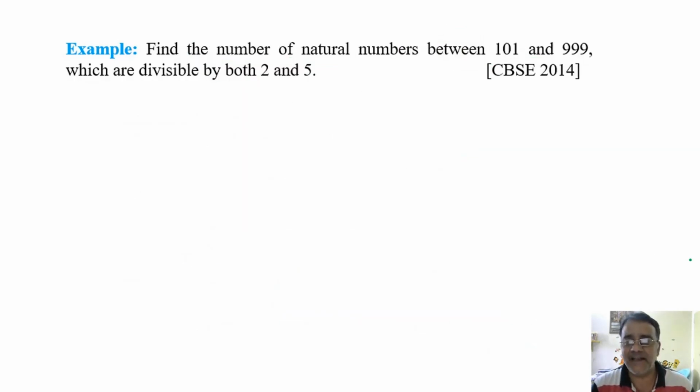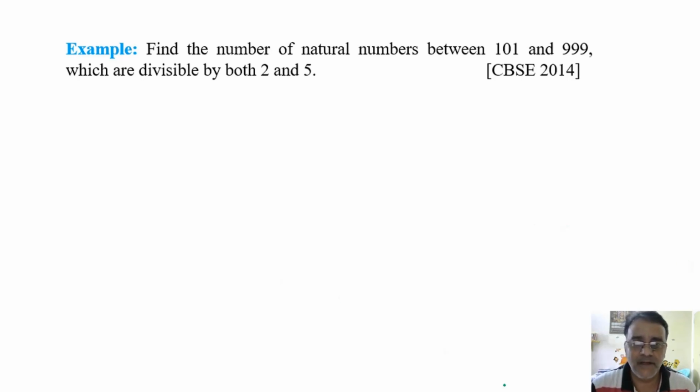Okay, now we'll move towards one more good question. Find the number of natural numbers between 101 and 999 which are divisible by both 2 and 5. Now see, the number divisible by both 2 and 5 is divisible by 10. Right?